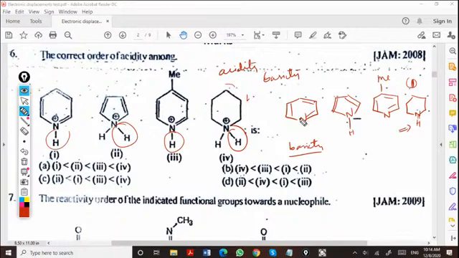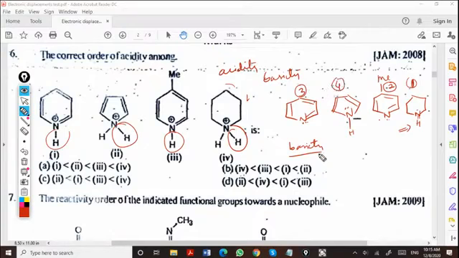Next, in a conjugated system, where the lone pair is available, it will be more basic when compared to where the lone pair is involved in the resonance. So these two will be more basic. Among these, if an electron donating group is attached to the ring, it's going to be more basic than this one, and the last is this one.